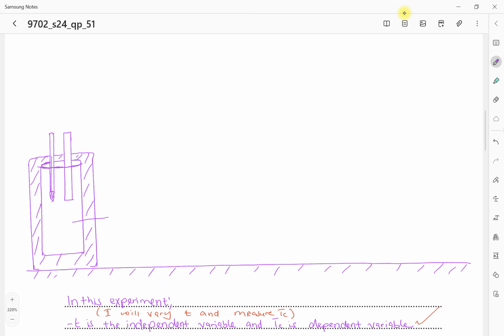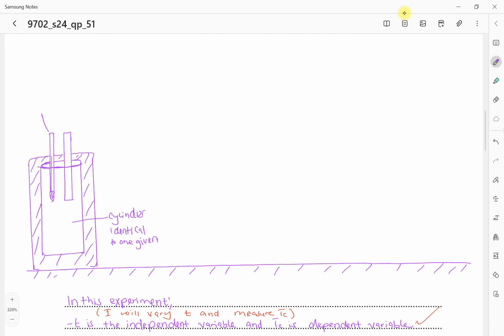So this is going to be a cylinder of the same material. In that cylinder, I've drilled two holes, one for the thermometer.